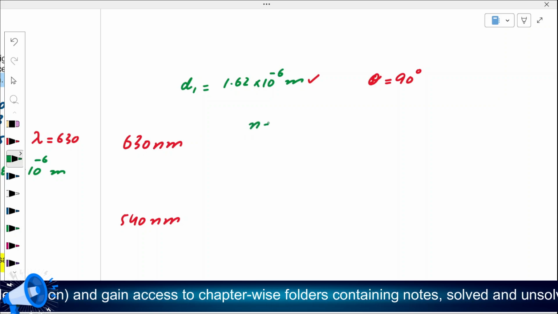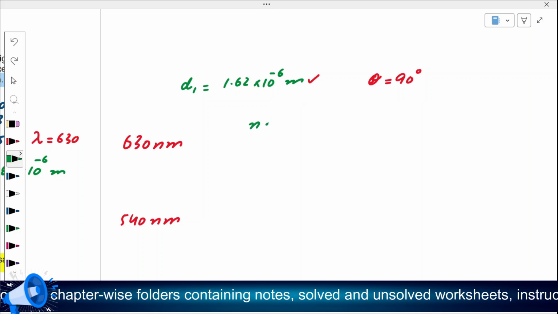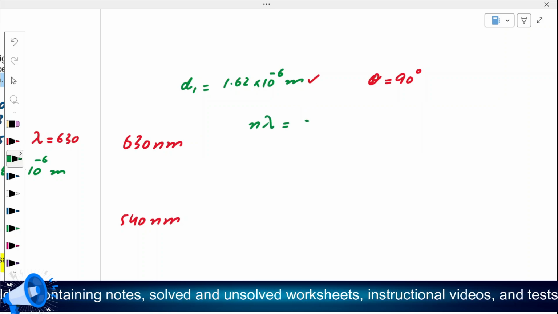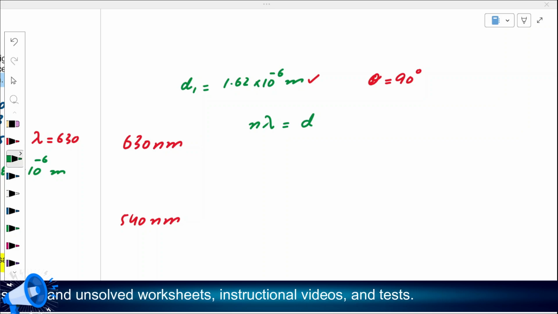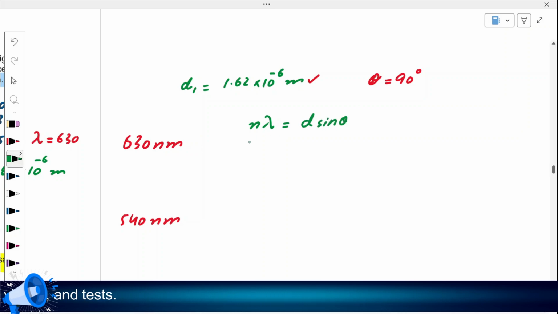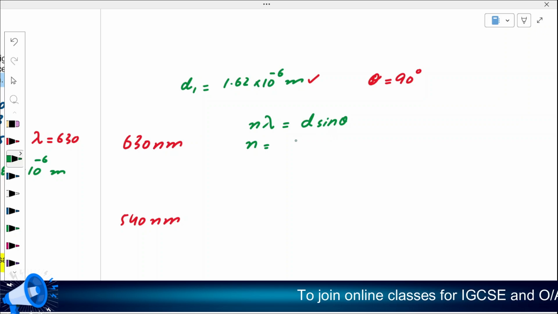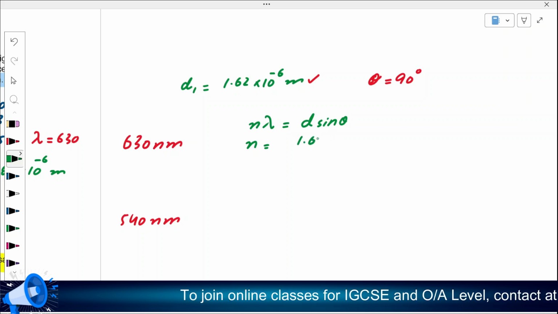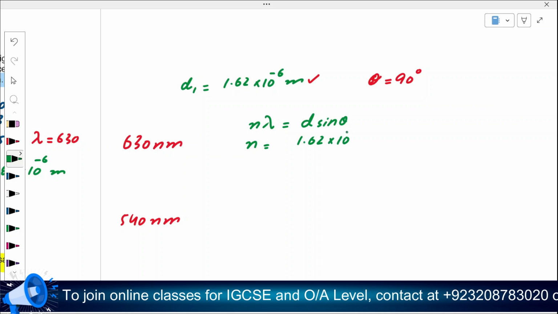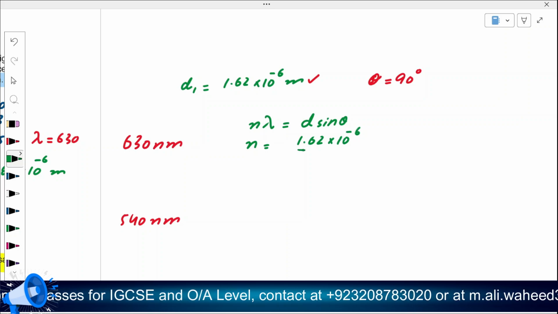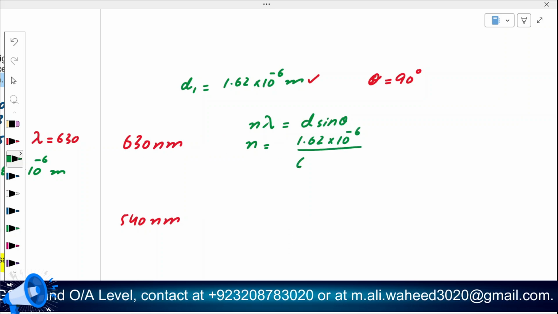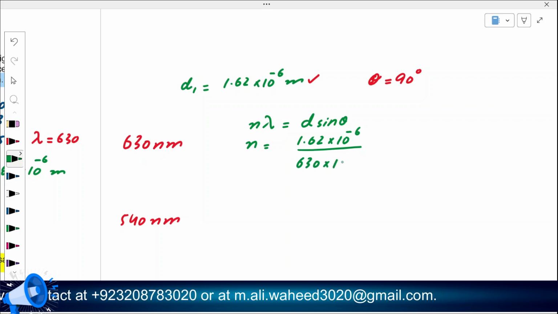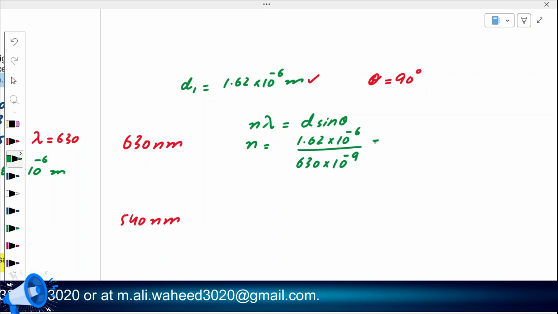I'll be writing the formula once again. You keep using the same formula over and over again: lambda equals d sine theta. Sine 90 would be 1, so I don't even need to write it. The value of d is 1.62 into 10 to the power minus 6, divided by lambda, the first value of which is 630 into 10 to the power minus 9.